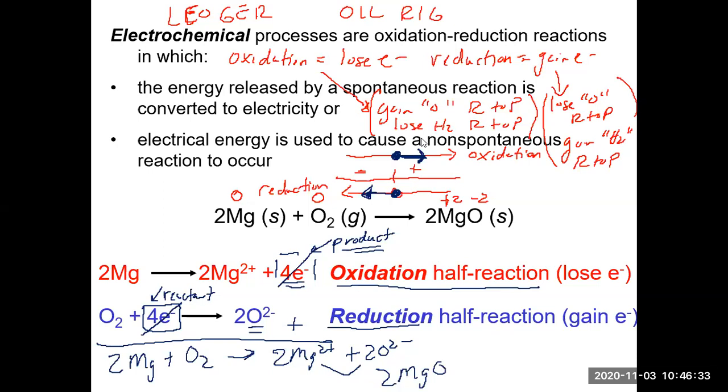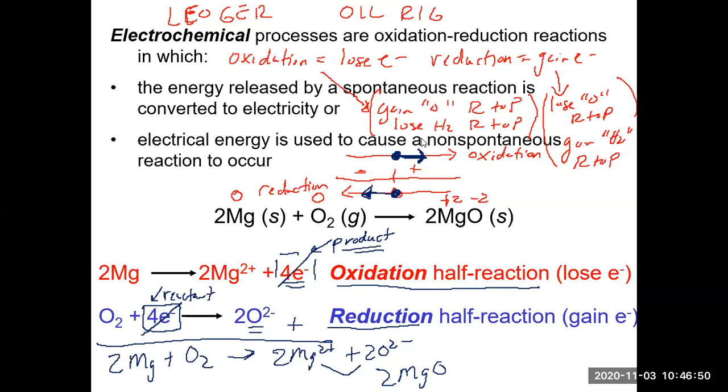So in a half reaction, we split it up into the oxidation half reaction and the reduction half reaction. And before we add them together, like I just did there, we should always make sure that both half reactions have the same number of electrons in them.